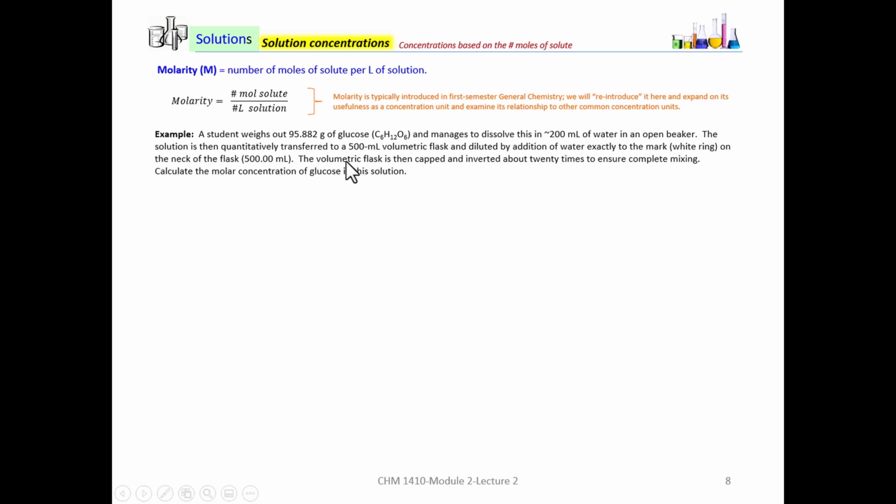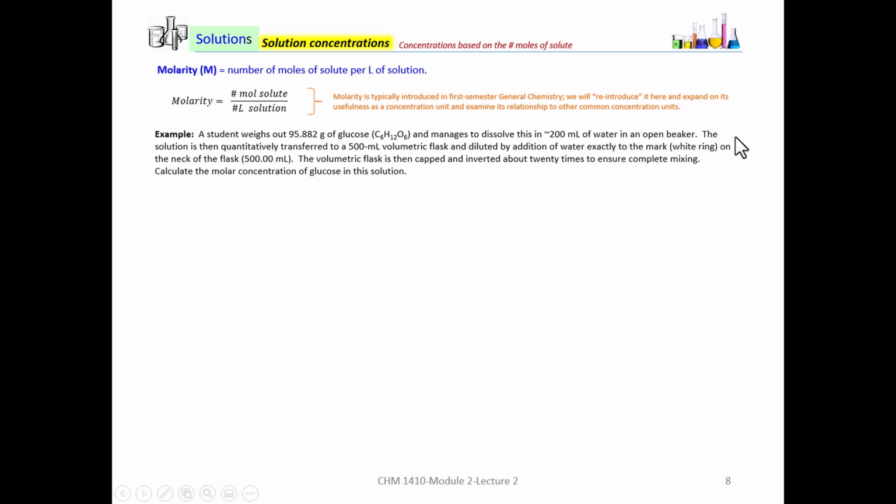Let's consider this scenario. A student weighs out 95.882 grams of glucose and manages to dissolve this in about, the tilde here means about, 200 milliliters of water in an open beaker.